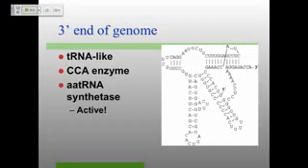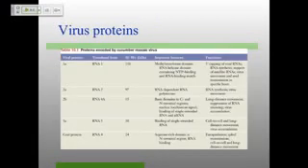What are the proteins which are made here? The important ones are, again, not surprisingly, a capping enzyme. Here, it's RNA1, methyltransferase, and then all of these other RNA viruses also have what? RNA-dependent RNA polymerases.